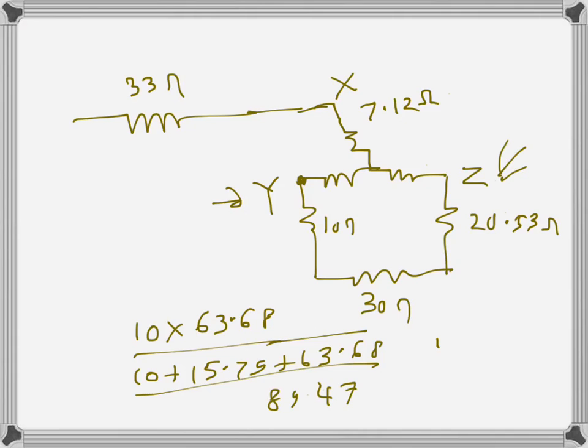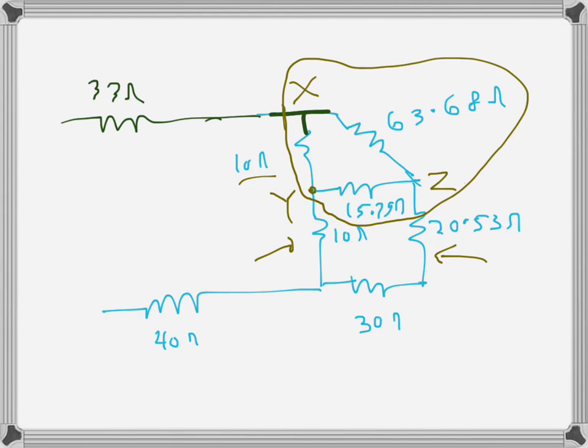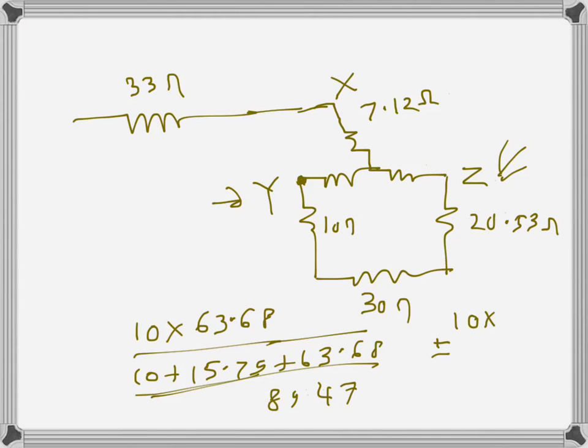So now it will be 10 times 15.79 divided by 89.47. That will be the value of this resistance, and that one becomes 1.76 ohms.